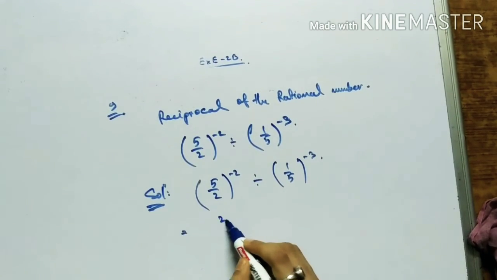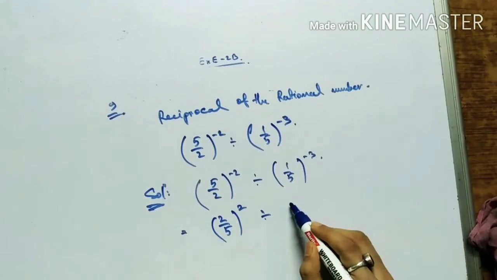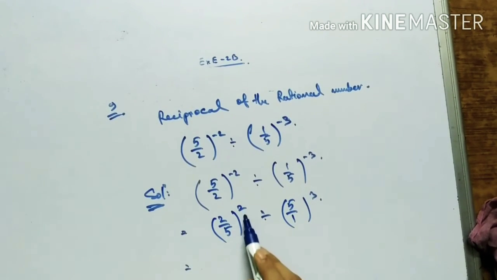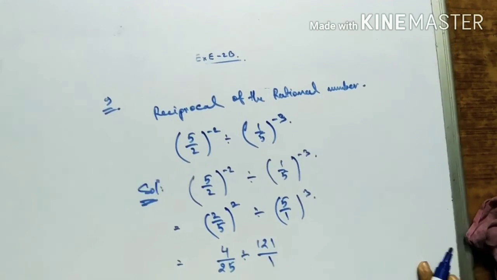So if I do 2 by 5, it will become to the whole power 2 divided by 5 by 1 to the whole power 3. 2 by 5 to the whole power 2 becomes 4 by 25 divided by, this one becomes 125 by 1.